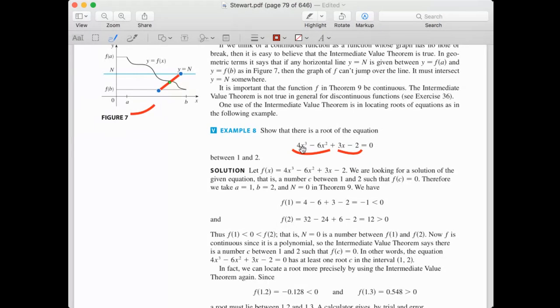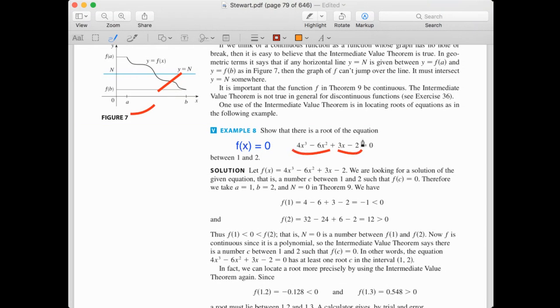And of course, this is a polynomial. If we think of this as a polynomial function, f of x equals 0. So we just take it as a function, function equals 0. This is one of the equations of this function.